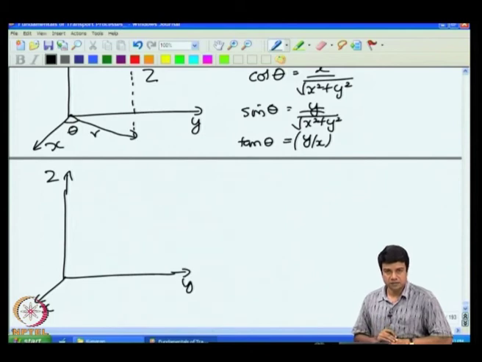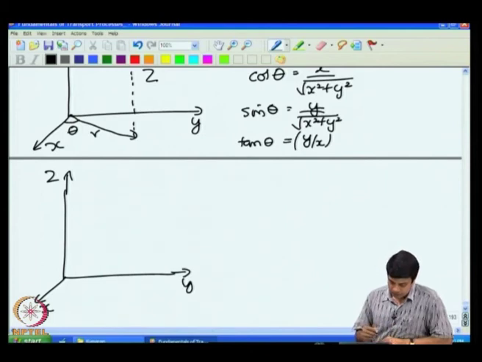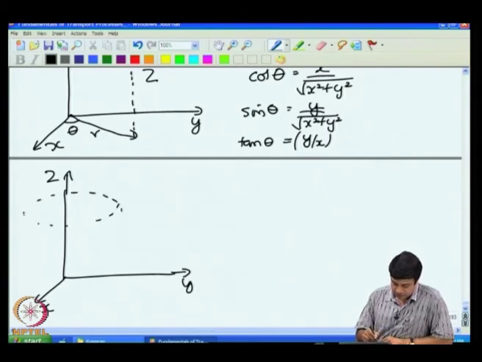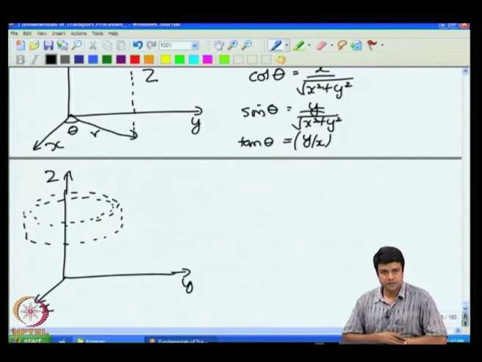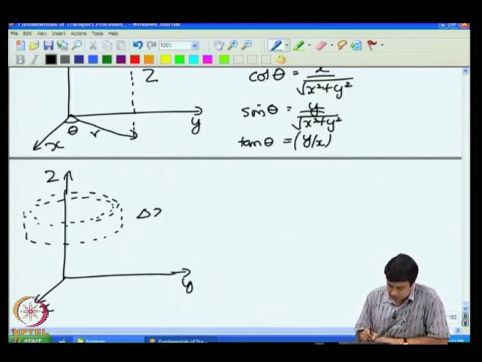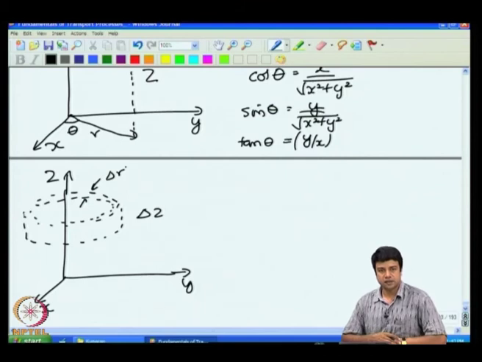Previously, we had taken a cylindrical shell for doing the shell balance, with height delta z along the z axis and thickness delta r.